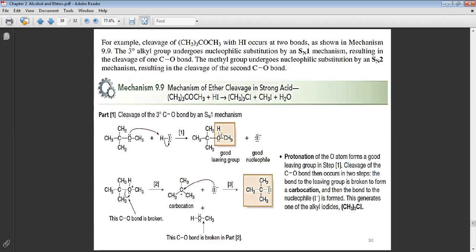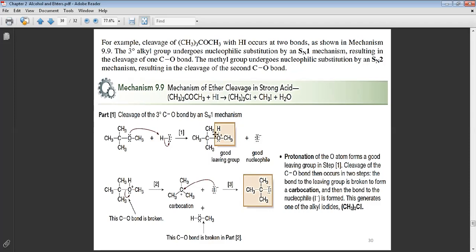Now this is a good leaving group, O plus with hydrogen and CH3. Why is it a good leaving group? Because it will be removed as an alcohol. It will be CH3OH. Is CH3OH stable or not? Stable. Okay.